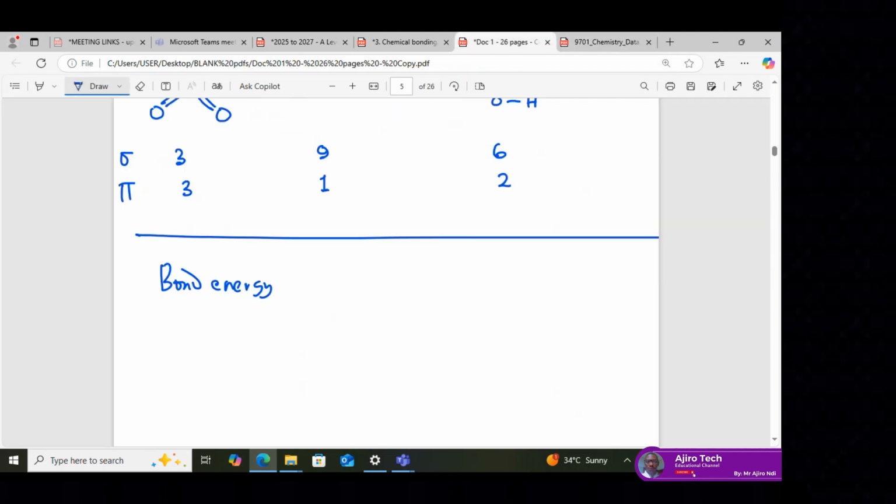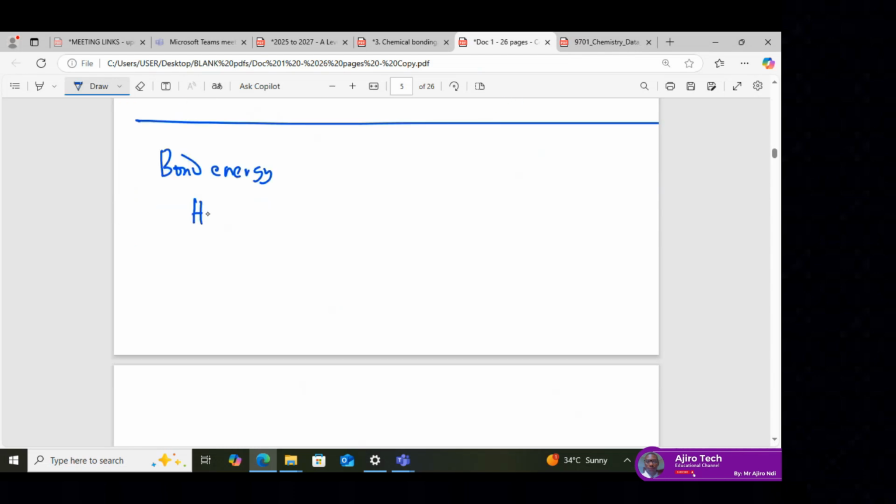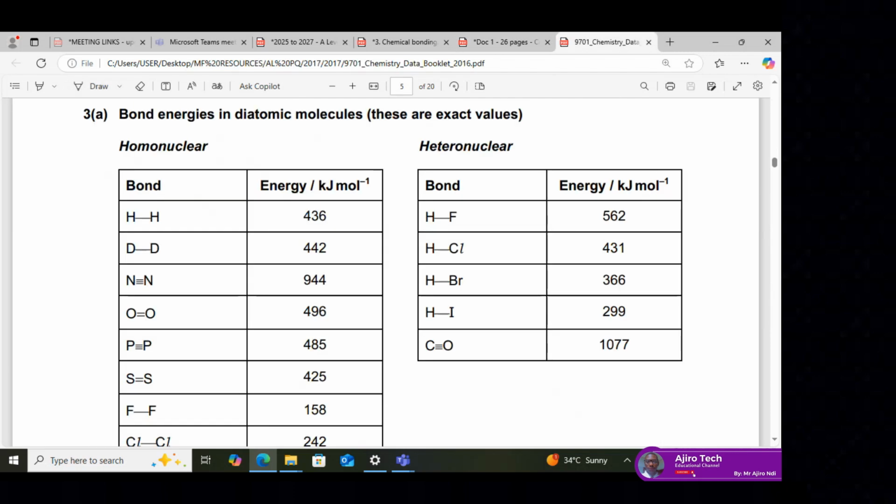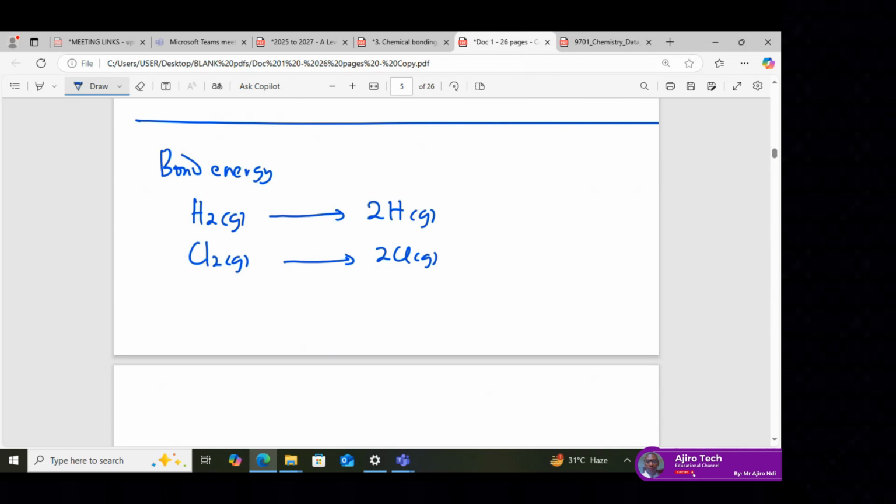So let's go. What's the bond energy of hydrogen? H2 gas to become 2H gas. What about chlorine? Cl2 gas to become 2Cl gas. What value for H-H? 436. There's only one type of H-H bond, plus 436.